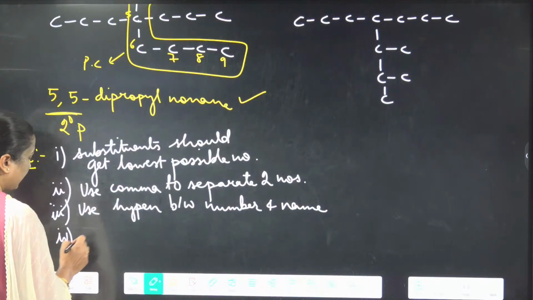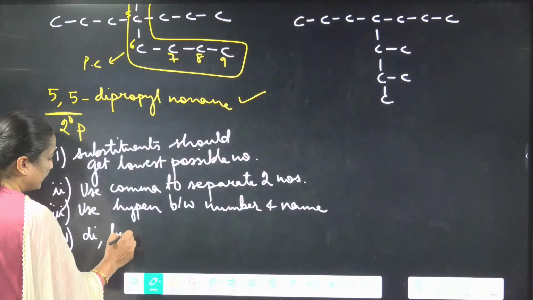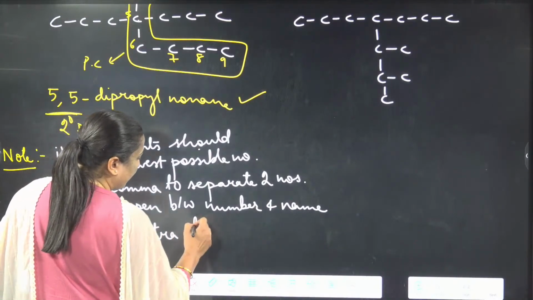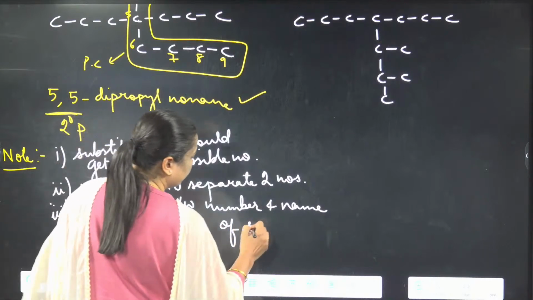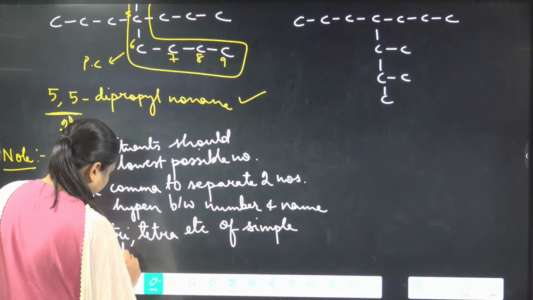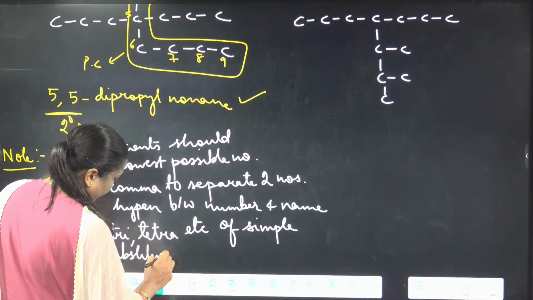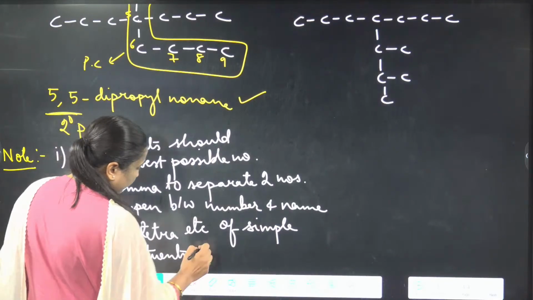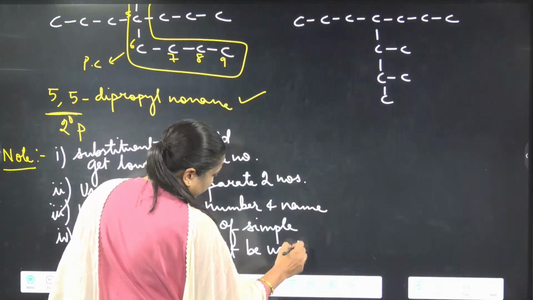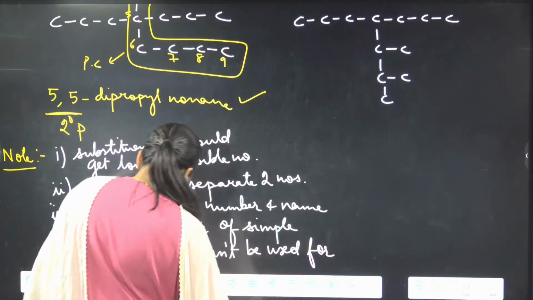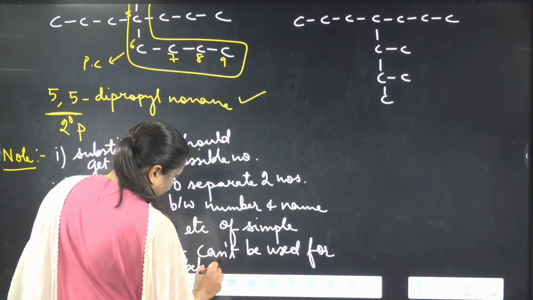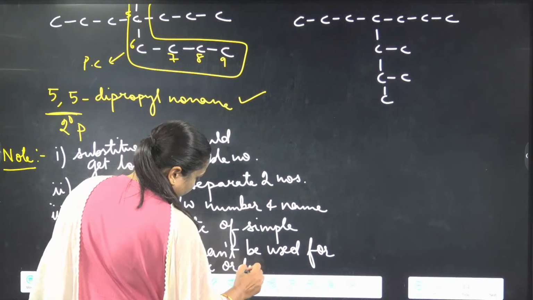Then di, tri, tetra, etc. of simple substituents can't be used for alphabetic order. Right?